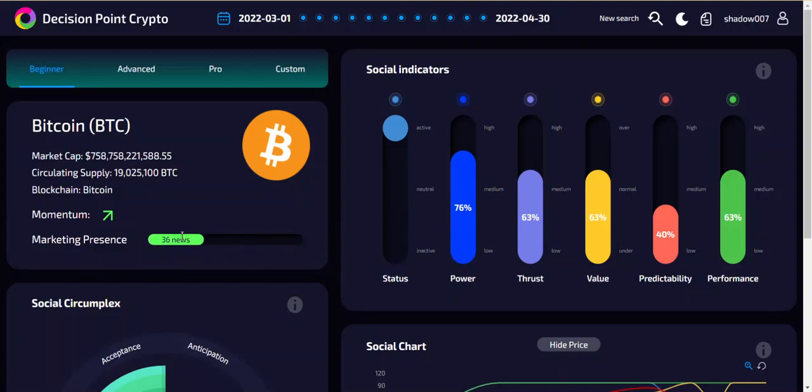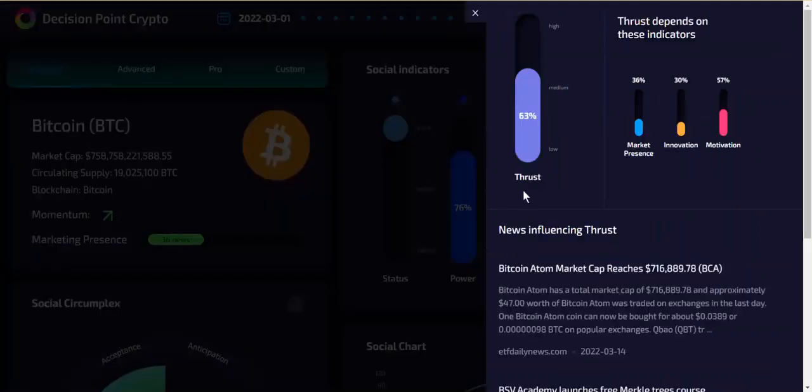What is it pulling information from right now? The power is 76. I think that's good, right? The thrust and so forth. What news is influencing thrust?